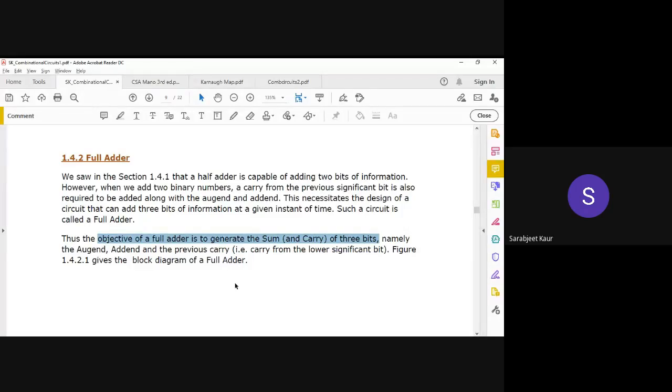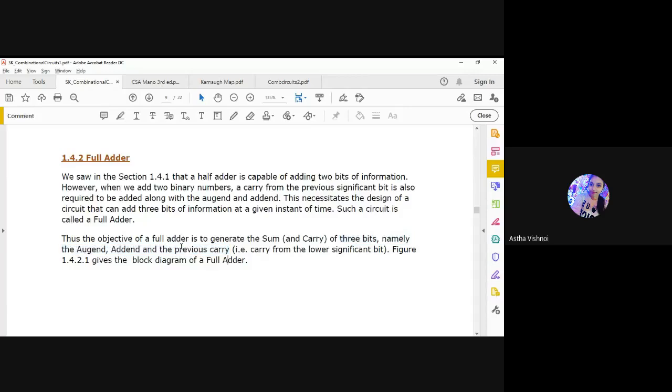Because I should be able to identify what are the outputs required. Because it is an adder, they will be sum and carry only, right? And in this case, there are going to be how many inputs? There are going to be 3 inputs, that is the augend, addend, and the carry from the lower significant bit. Any problem?